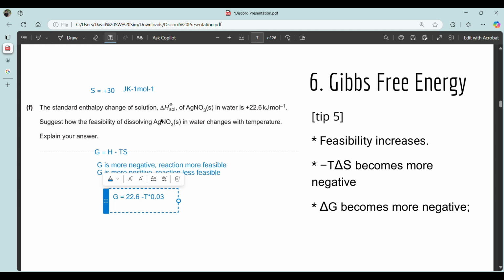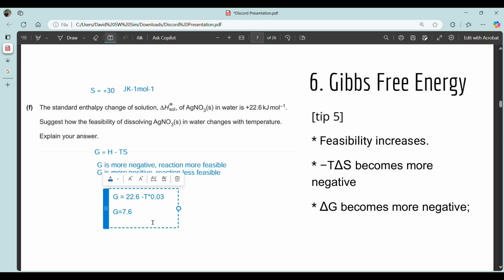Now let's see what happens when the temperature increases. The temperature is always going to be positive because we are calculating in Kelvin. Let's say that T is 500 K. G equals 7.6.